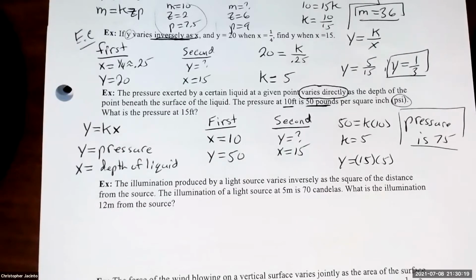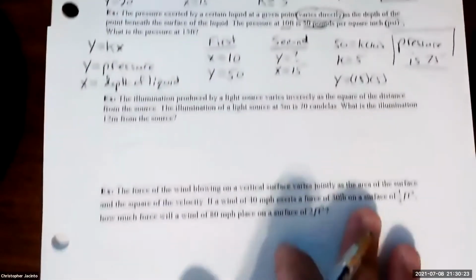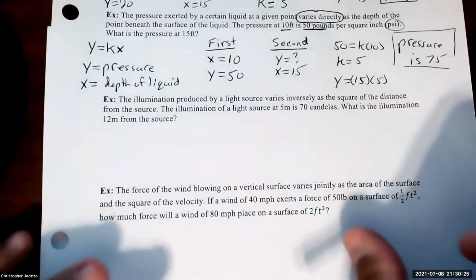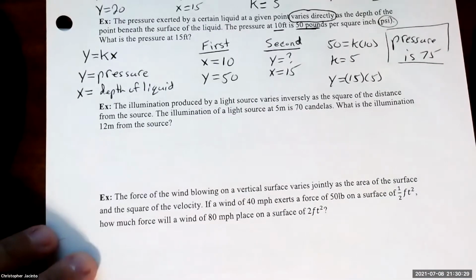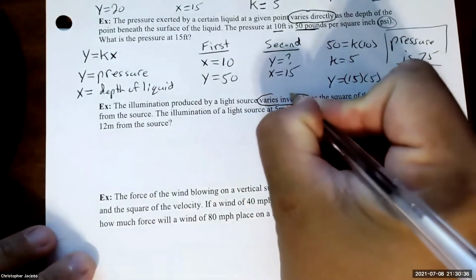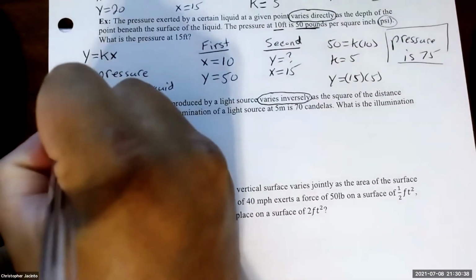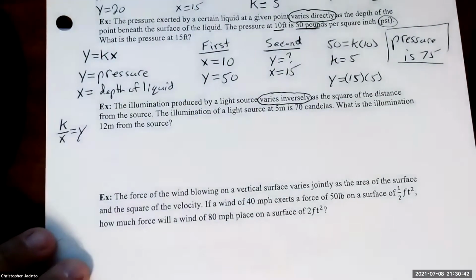Good, good, good. Okay, all right, so in that case, let's try the next one. So it's a little bit more complicated, right? So we just got to read it slowly. So it says the illumination produced by light sources varies inversely. So we know that's going to be our equation, right?